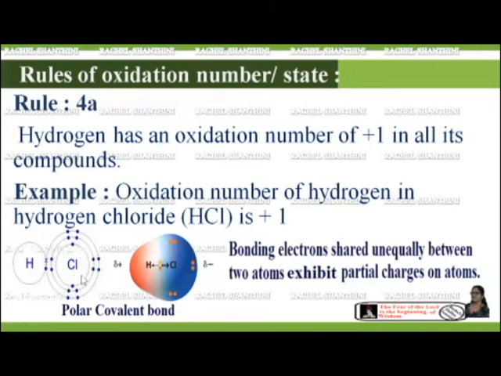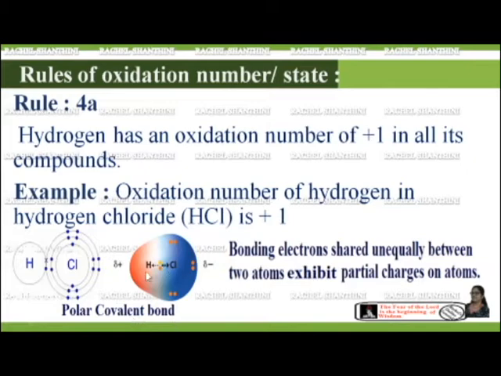Since chlorine is highly electronegative, the bonding electrons are very near to chlorine when compared to hydrogen. So, bonding electrons are shared unequally between the two atoms, and this exhibits a partial charge on the atoms. So, chlorine possesses a partial negative charge and hydrogen possesses a partial positive charge. So, the bond is a polar covalent bond.